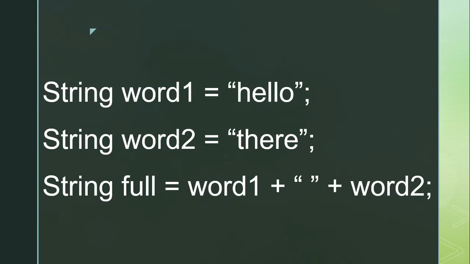It is more useful here, as we do not want to save extra information like spaces inside the variables. That way, all of the contents will be of the same format, and you may avoid a lot of errors this way. So over here, we just save hello into word 1 and just save there into word 2. Because later on when you're writing the code, you may forget whether you actually added a space or not after a certain word, right?